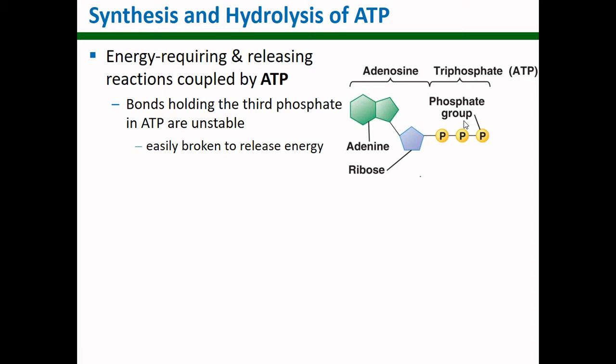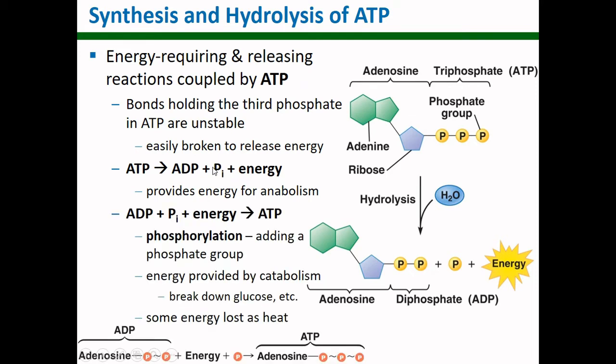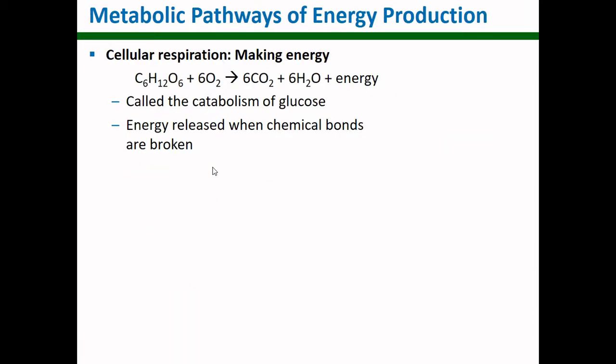It's like trying to force two magnets together that don't go together. And the opposite of that, when ATP gets hydrolyzed into ADP and Pi, there's that tremendous release of energy. When ADP and a phosphate group make ATP, we call that phosphorylation.